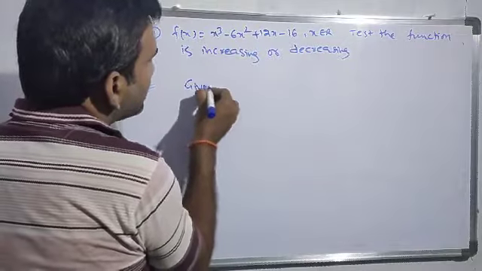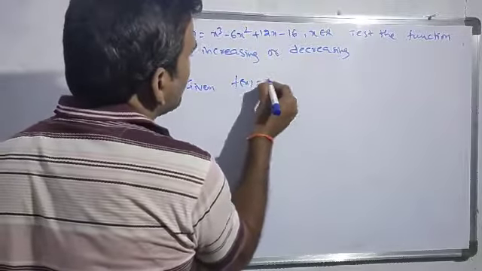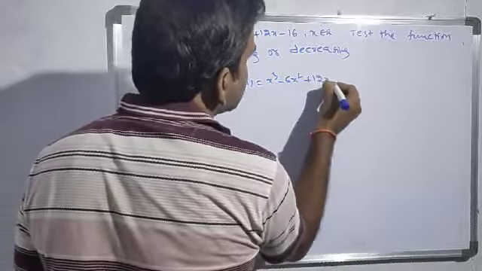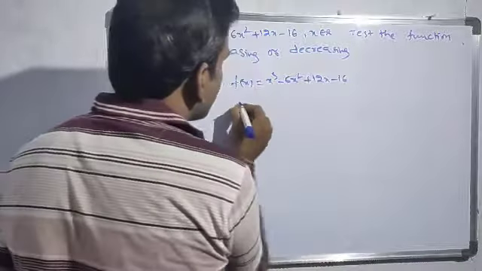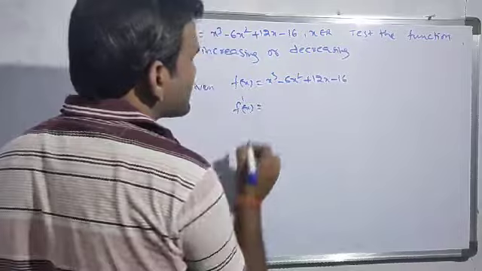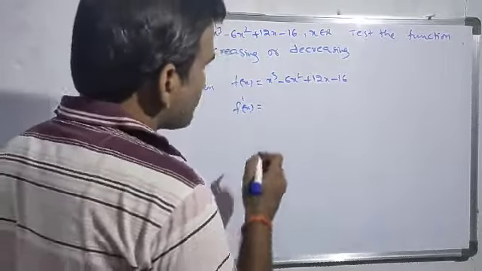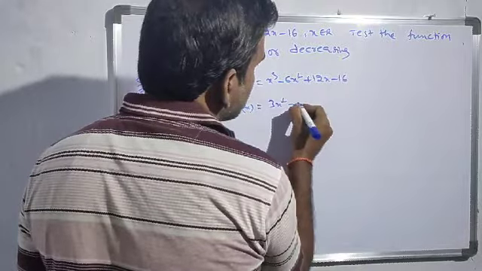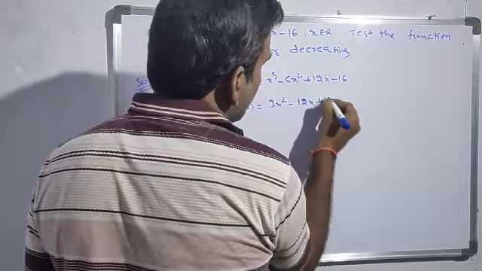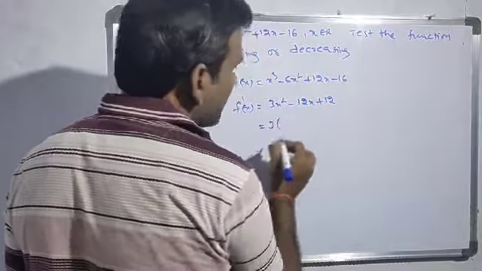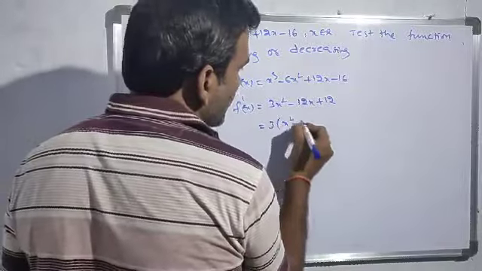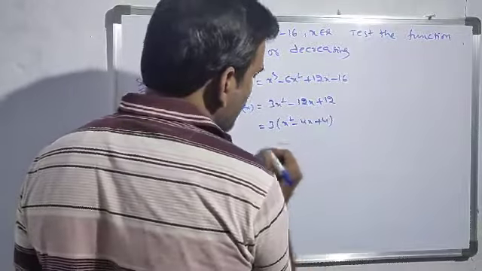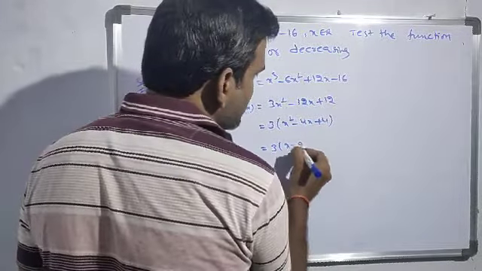Okay, right, I am taking the given f of x equal to x cube minus 6x square plus 12x minus 16. F dash of x equal to 3x square minus 12x plus 12. So I will take 3 as common: x square minus 4x plus 4, which is x minus 2 whole square.